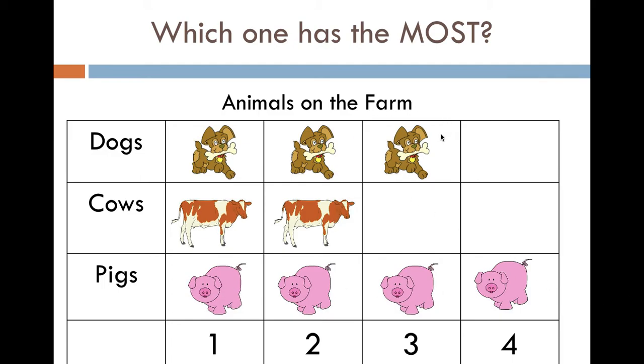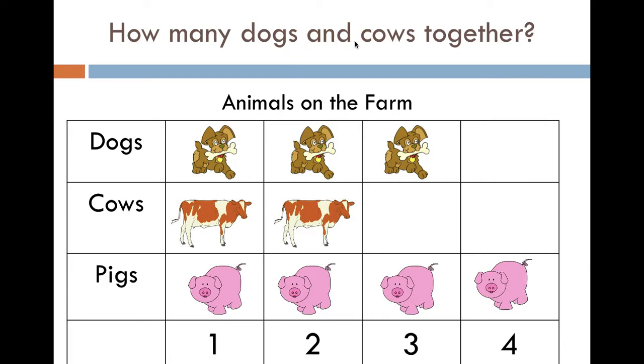Cows have 2, dogs have 3, and we know 4 is the greatest number, so we would say pigs has the most. Now we have which one has the least, the smallest amount. Again, we know there are 3 dogs, 2 cows, and 4 pigs. The smallest number here would be 2. So we would say cows has the least.